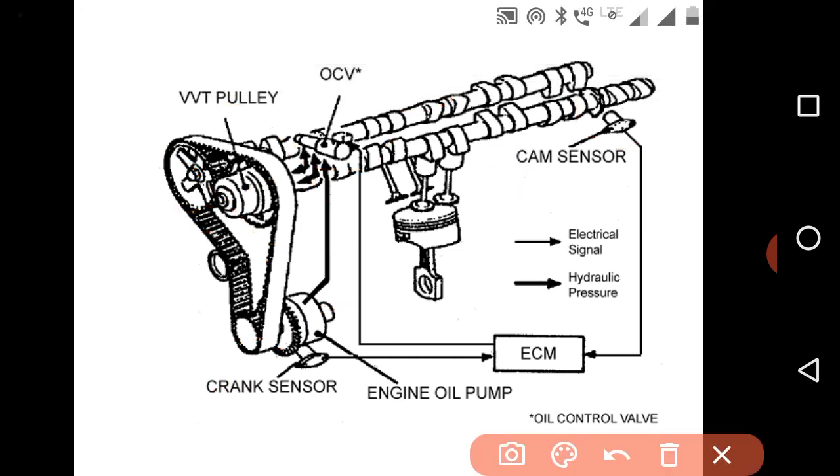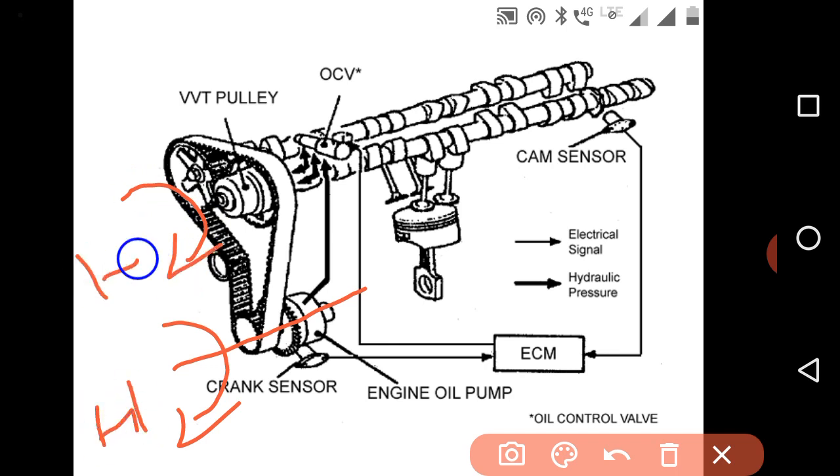Again, in case of higher speed, the crank is rotating at higher speed as the engine is rotating at higher speed, so this camshaft will also rotate at a higher speed. At this condition, the oil control valve will apply the pressure in the opposite direction.